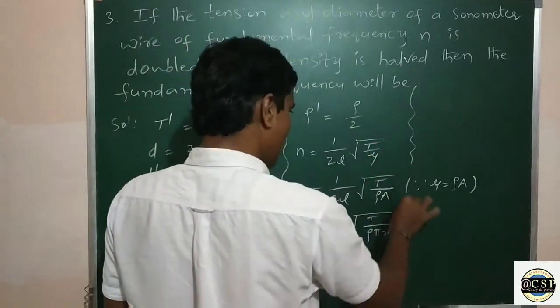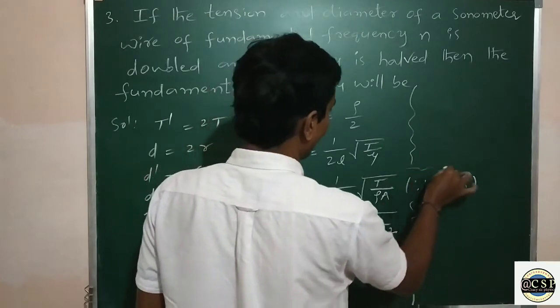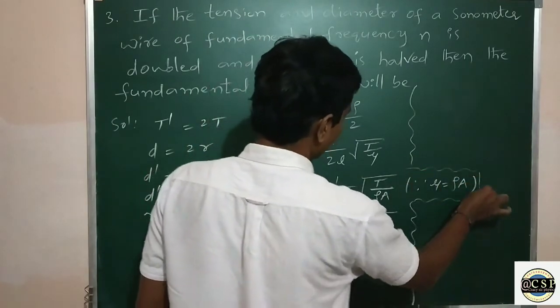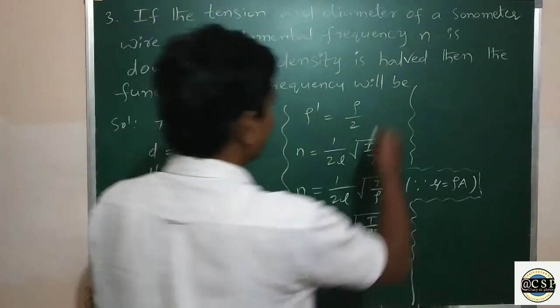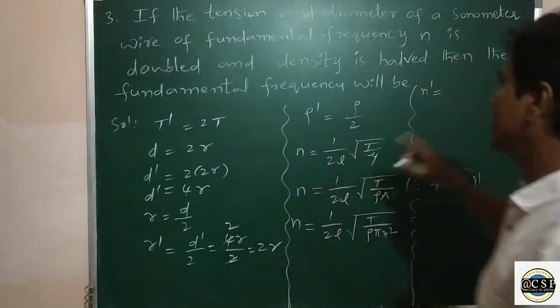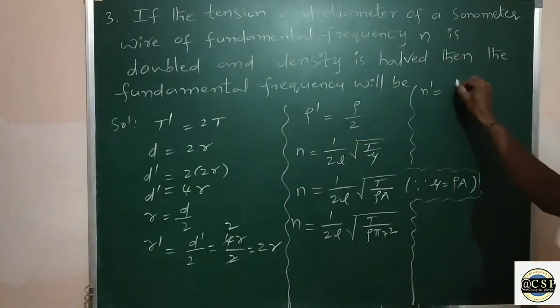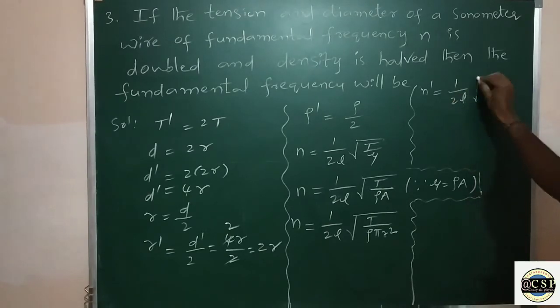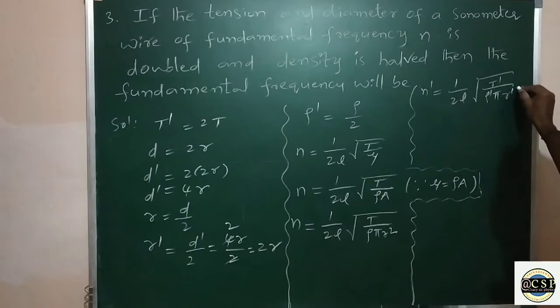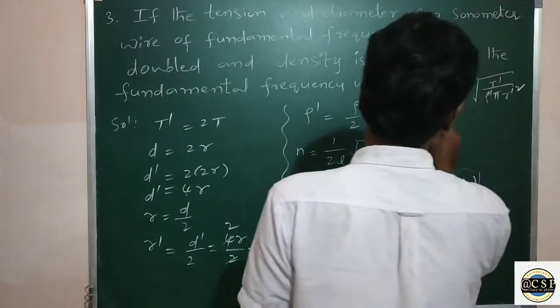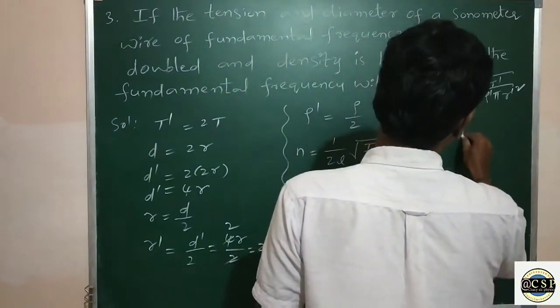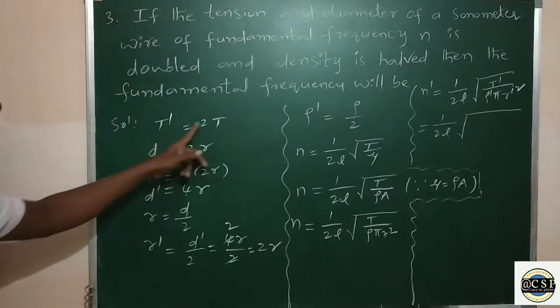So the new frequency after changing the tension, radius and density is N dash equal to 1 by 2L root T dash divided by rho dash pi r dash square, that is 1 by 2L root, and T dash is 2T.